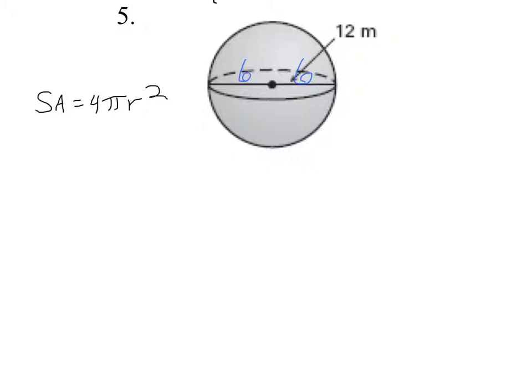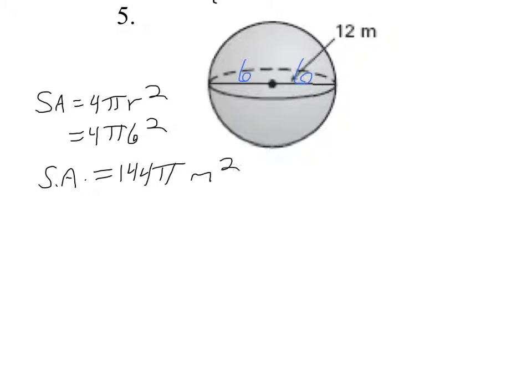It's like we have a 6 and a 6. So the surface area is going to be 4 pi 6 squared. I'm just going to type in 4 times 6 squared, and I get 144. So the surface area equals 144 pi square meters. And if you round that, you get 452.39 approximately.